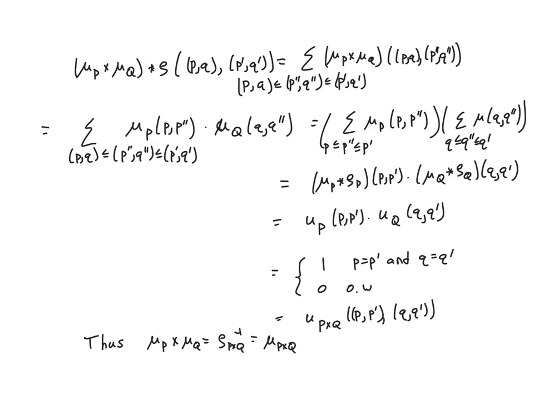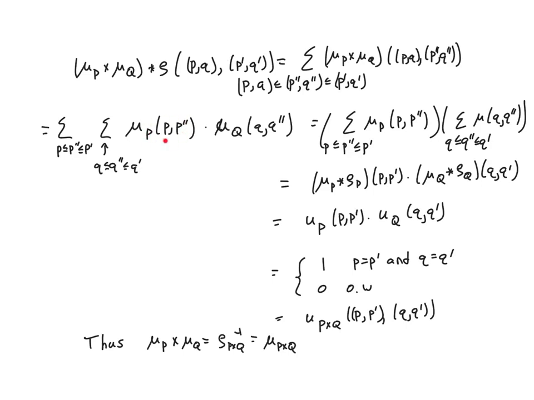It's worth pointing out, since I'm summing over all ordered pairs P double prime Q double prime, ranging from PQ to P prime Q prime, that's equivalent to doing a double sum. And that double sum would be first go over the P values, then go over the Q values. Each ordered pair P double prime Q double prime appears in this double sum.